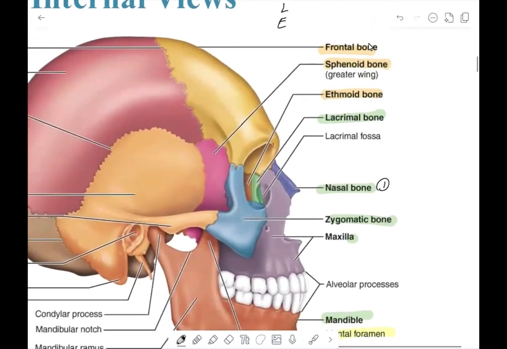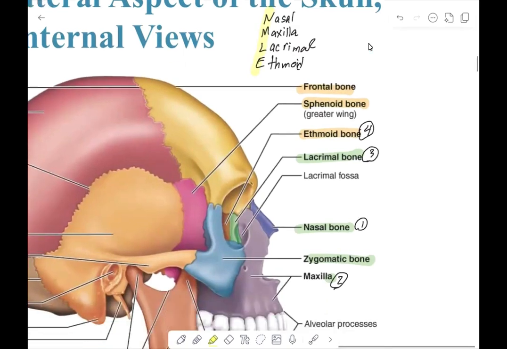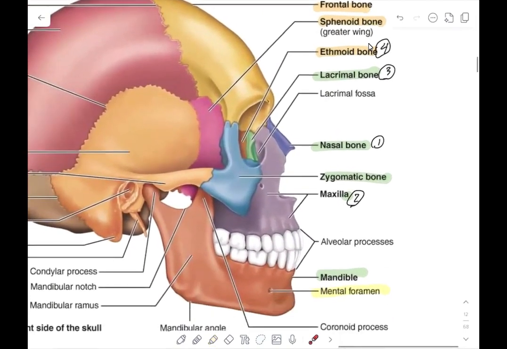Then we would go to the maxilla bone. That would be this next bone. The third bone would be the lacrimal bone. And the fourth bone would be the ethmoid bone. So NMLE to me kind of sounds like a standardized test. But for you, hopefully it'll be a quick and easy way to remember these bones beginning in the middle and moving laterally.